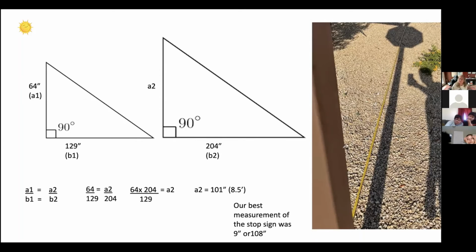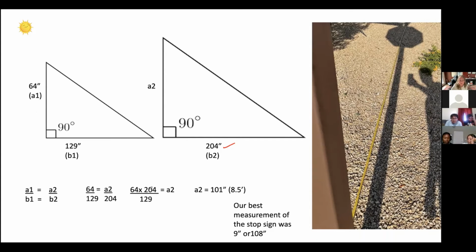Alex and I went out and measured a stop sign. Stop signs are hard to measure. They're kind of tall. But we measured the shadow of 204 inches. So I stay the same. A1 over B1 is 64 over 129. A2 is the height of the stop sign, and the shadow is 204.